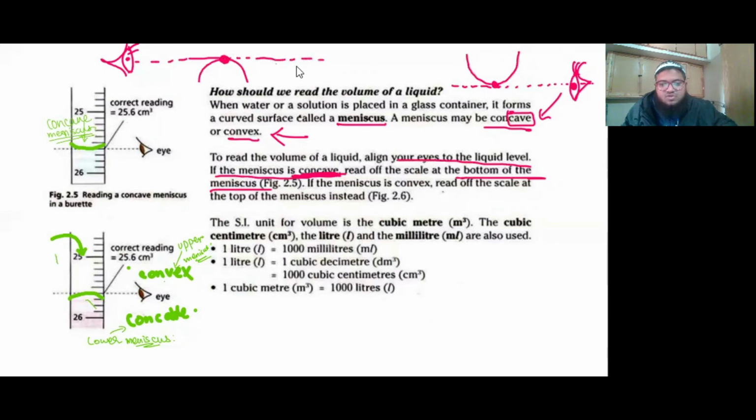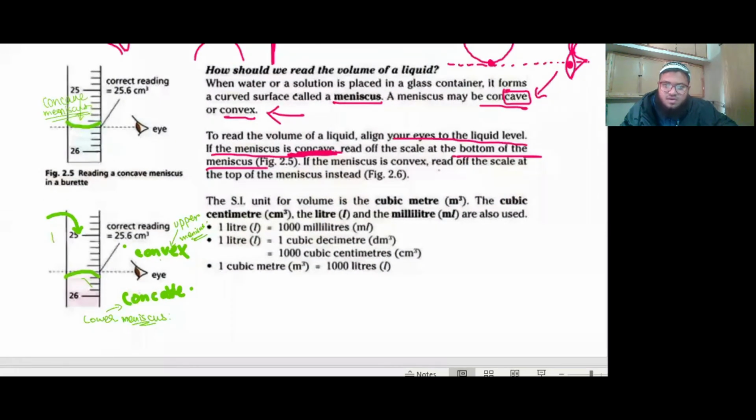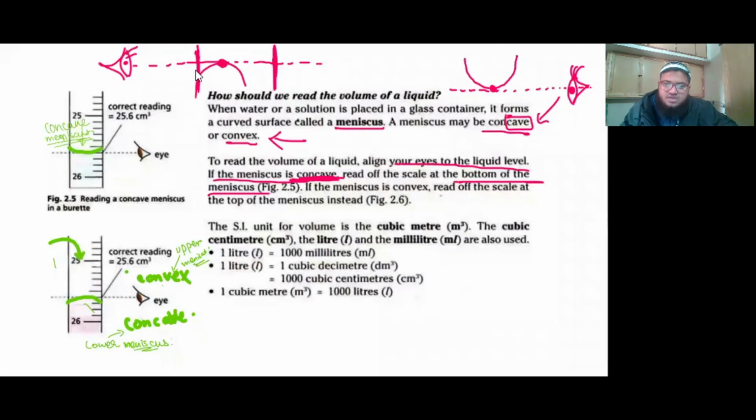Your line of sight should pass through the top of the meniscus and touch a scale reading, and that scale reading is the liquid level. Now look at these two menisci, menisci being the plural of meniscus.